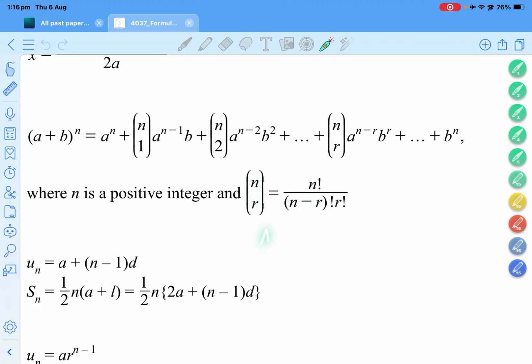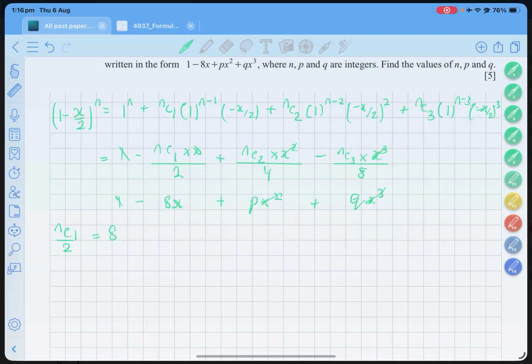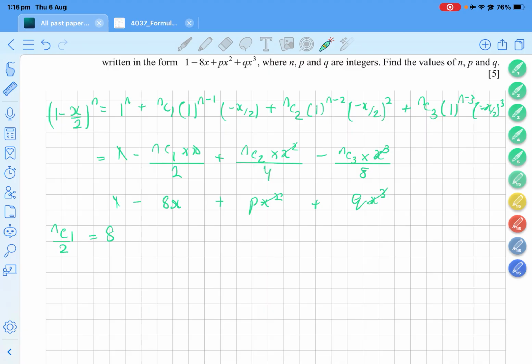So n factorial is just n times n minus 1 factorial, so that's just n. Then you have n into n minus 1 divided by 2, then n into n minus 1 into n minus 2 divided by 3 factorial, and the multiples of n keep on going, like n, then n minus 1, 2, 3, 4, 5, 6, and so on. If you start off with n as 10, you'll get 10 times 9 times 8 times 7 times 6 times 5 times 4 times 3 times 2 times 1, and so on.